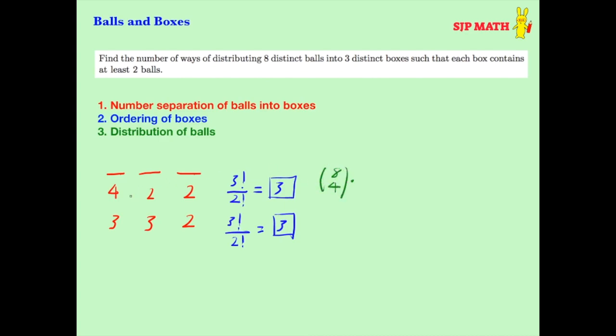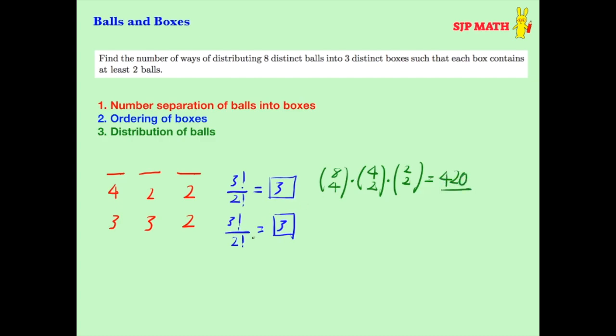After we choose 4 from these 8 balls, we have 4 left, and we have to choose 2 balls from those remaining 4 balls, so it's 4 choose 2. And then we have to choose 2 balls from the remaining 2 balls, which is 2 choose 2. And this will give us the value 420.